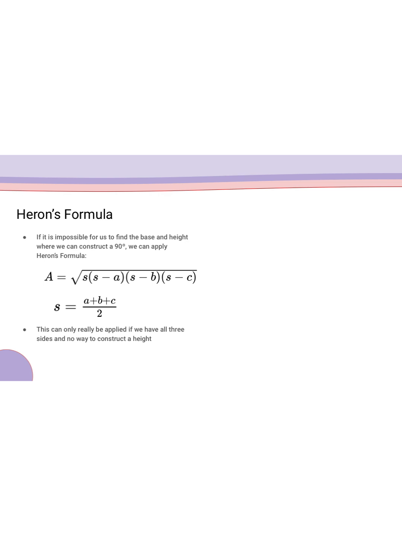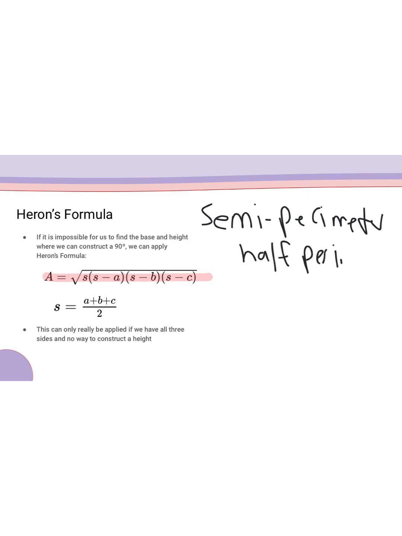Okay, so that was everything with the law of cosines. Now just a real quick note on Heron's formula. Again, this is the formula. Just like area of a triangle is 1/2 base times height, Heron's formula uses what we call the semi-perimeter. If you just remember what perimeter is, it's just the sides of a triangle added up. So the semi-perimeter is half a perimeter, which you can see right here in the formula.